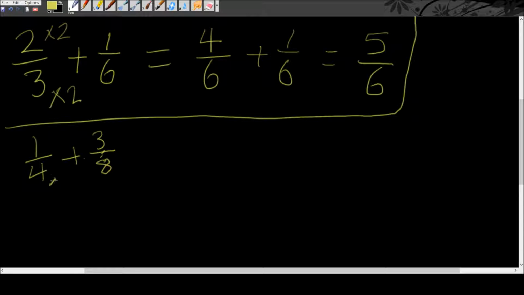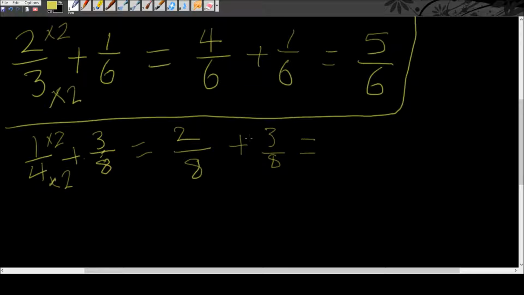Okay, and remember, whatever we do to the bottom of the fraction, we also need to do to the top of the fraction in order to keep it equivalent. So on this one, we get 1 times 2, which is going to be 2, and 4 times 2, which is going to give us 8. And we've got 3/8, so that one just stays the same.